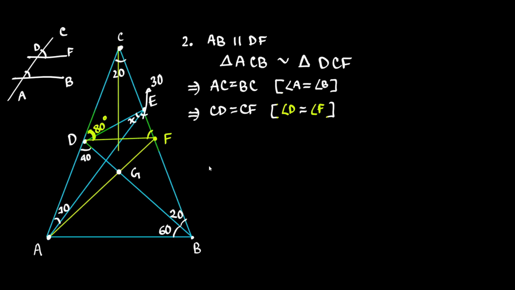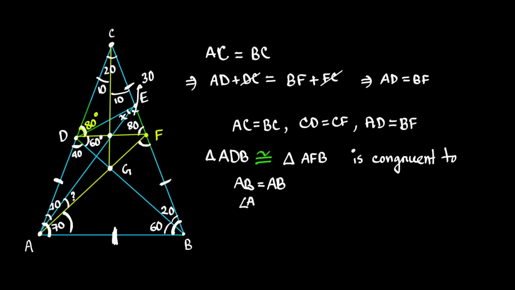Then we did some drawing. We drew a parallel line AB parallel to DF, and then we found that AD is equal to BF, and we then drew CG.